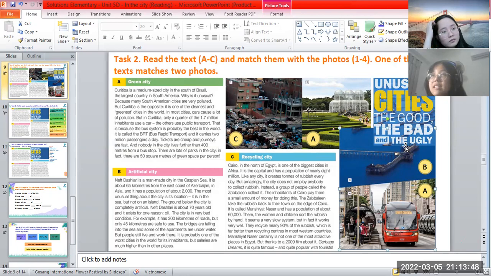The bridges are falling into the sea and some of the apartments are underwater.